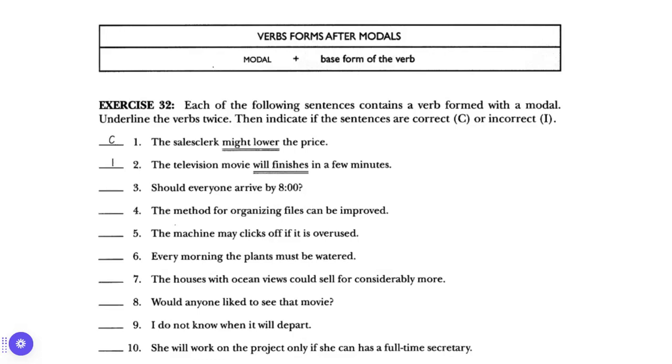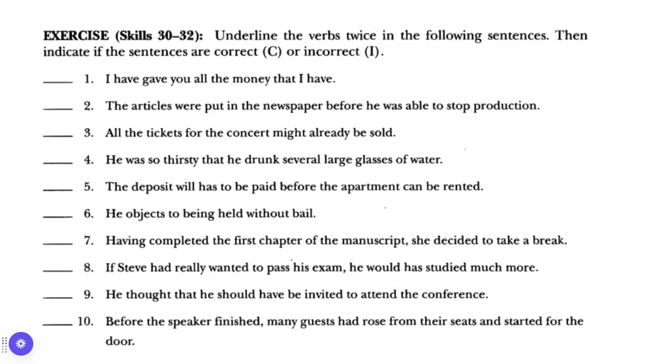And number 10, incorrect. Has should be have. Okay, now do this exercise that integrates what we just reviewed. What follows the verb be, what follows auxiliary have and had, and what follows modal verbs. So let's get to it.